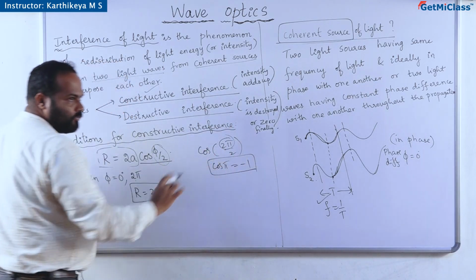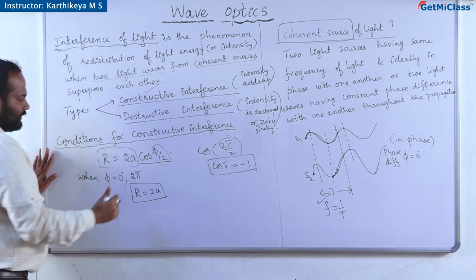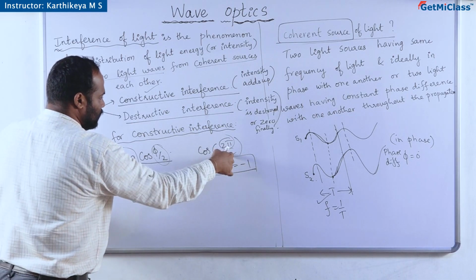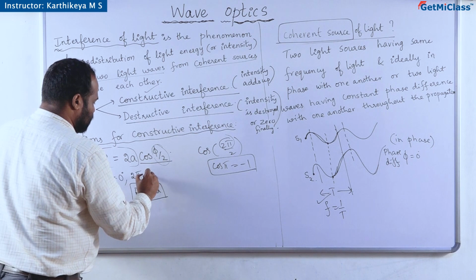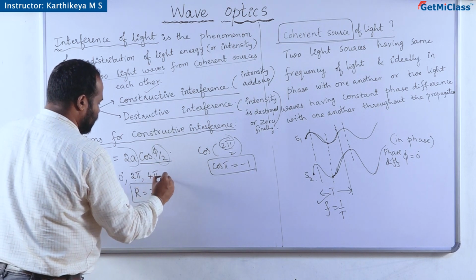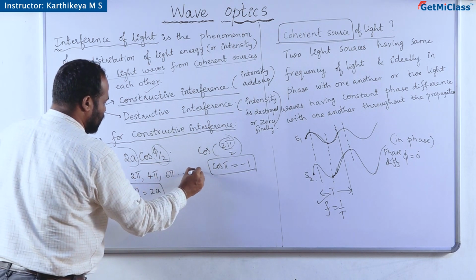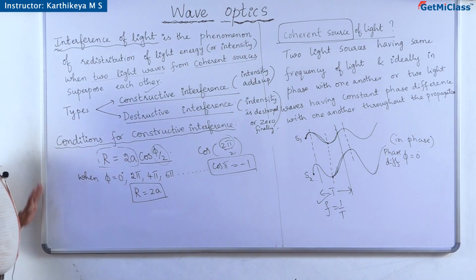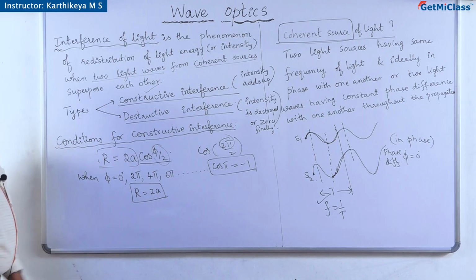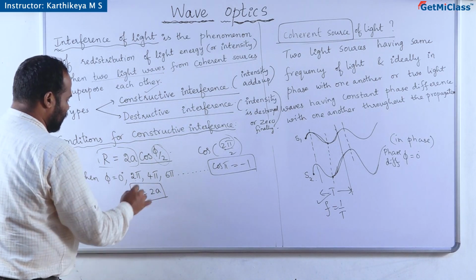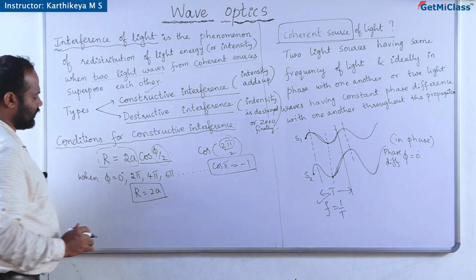Still it is a maximum value, but from the opposite end. 3 pi would ideally give 0. So it should be 4 pi, 6 pi, and so on. In those cases, resultant amplitude will be plus or minus 2a depending on the cos value.